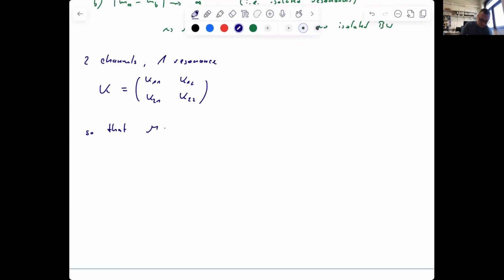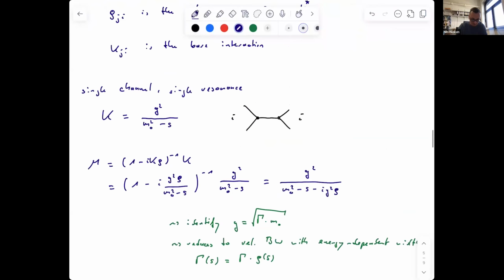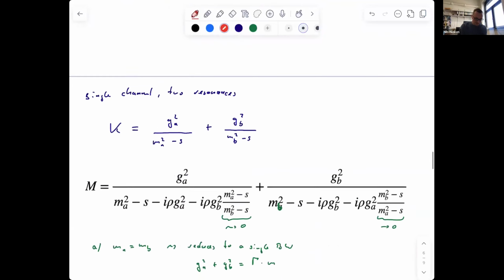So we now take our expression for the invariant matrix element, insert this K matrix and solve for M. And so what we get from the inverse of, we have a matrix that we need to invert. If I just go back maybe briefly here to this expression here. Now K is matrix valued, the 1 is the unit matrix, rho is matrix valued. So we actually need to invert a matrix here.